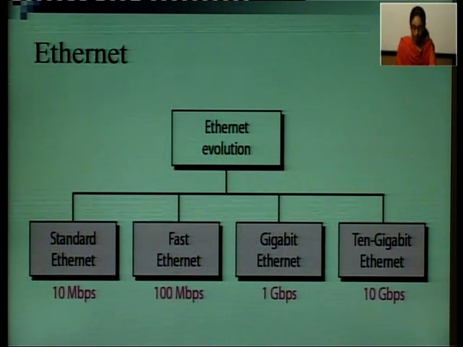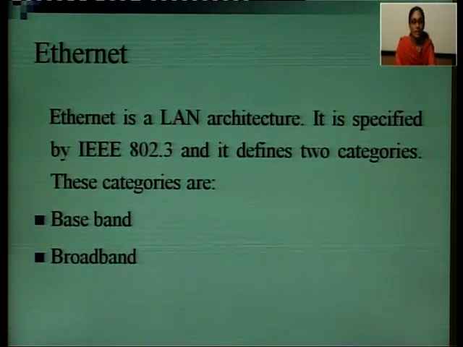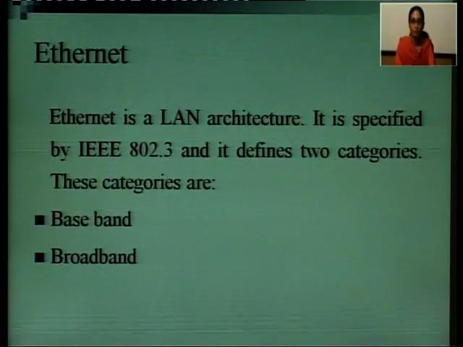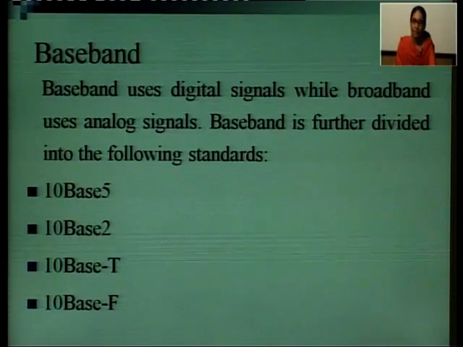First of all, Ethernet is a LAN architecture specified by IEEE 802.3, and it defines two different categories: baseband and broadband. Now what is baseband and broadband?